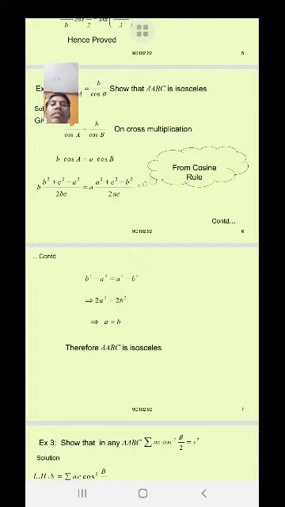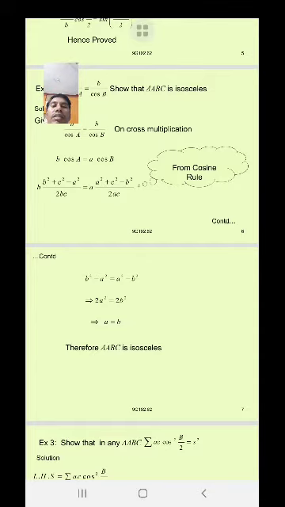Here if you observe, B and B cancel and 2C remains in the denominator, and on the right side A and A cancel, and again we have 2C in the denominator. Both denominators are the same, so they cancel, and in the numerator both sides have C square, so C square also cancels. The remaining terms are B square minus A square equals A square minus B square.